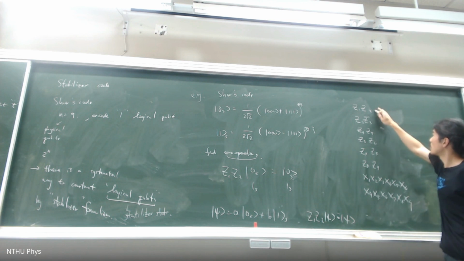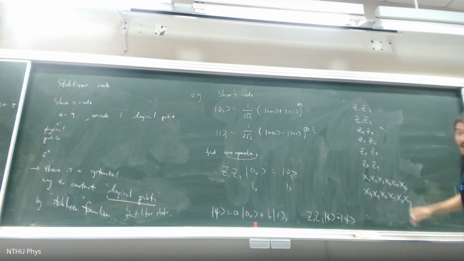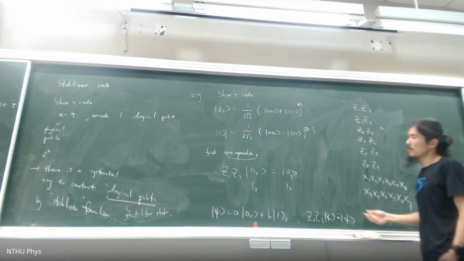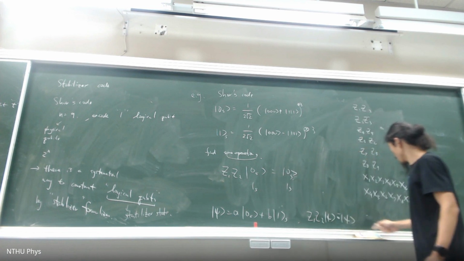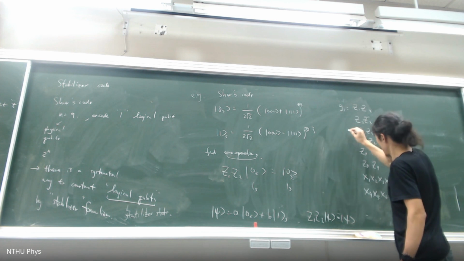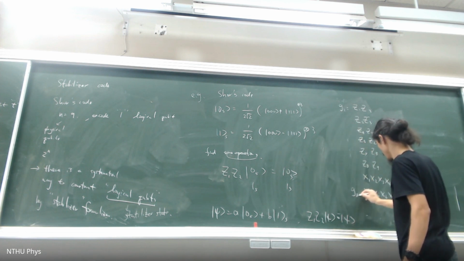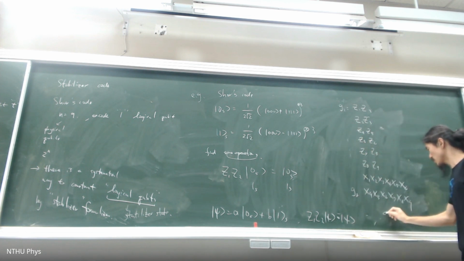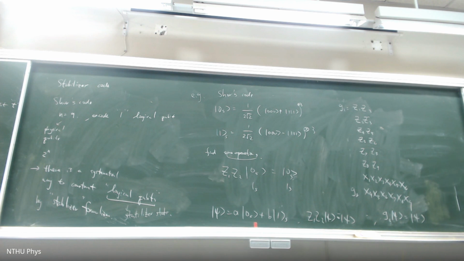Basically find 1, 2, 3, 4, 5, 6, 7, 8 kinds of operators that we denote G1 up to G8. And you can find that Gi at this code state gives the +1 eigenvalue.